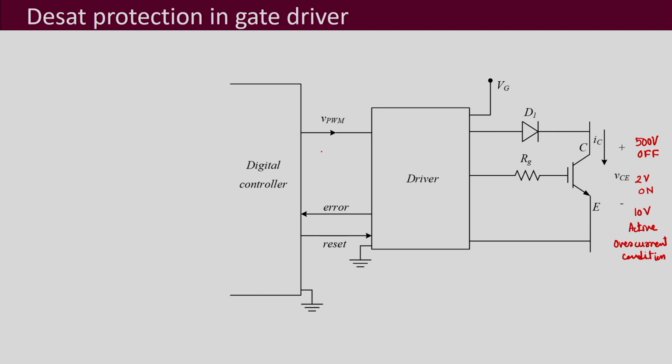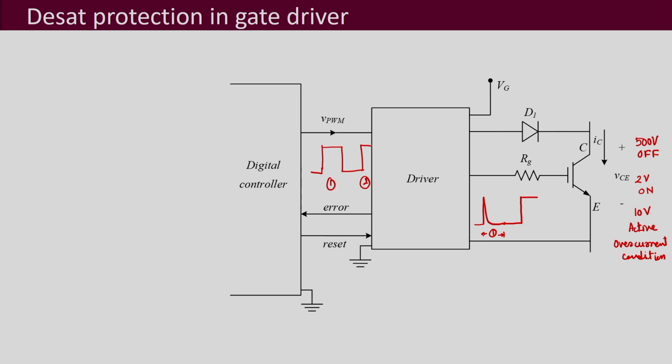So what I want to say is, let us say this is your VPWM1 signal that is coming, and when this first pulse was there, at that time it sensed an overcurrent. So what it will do is that it will shut down like this. So the first pulse will actually not be given to this.